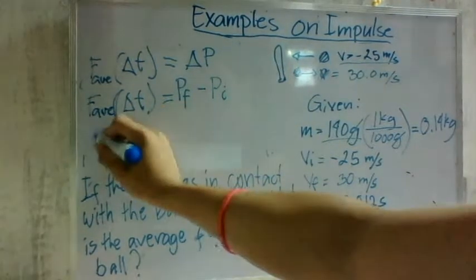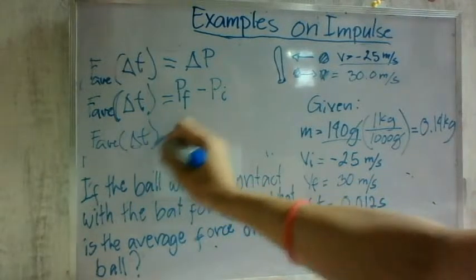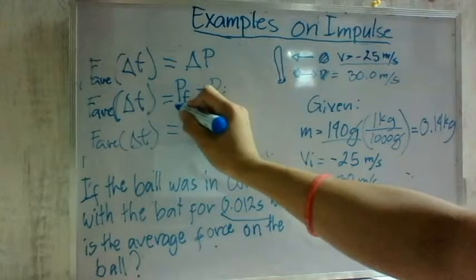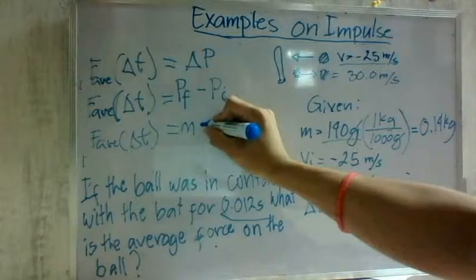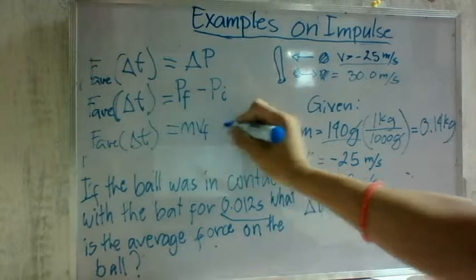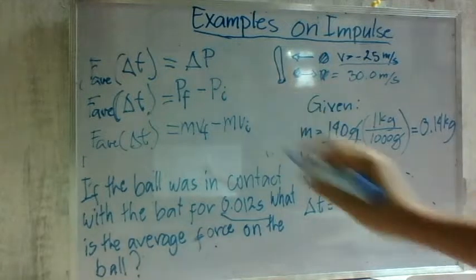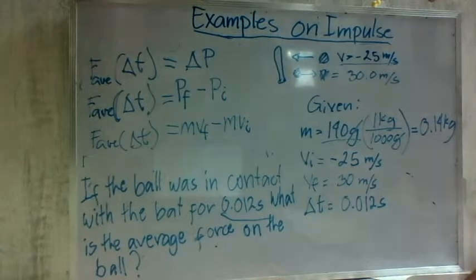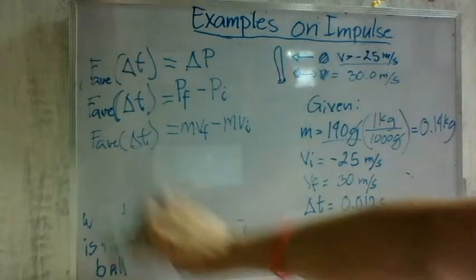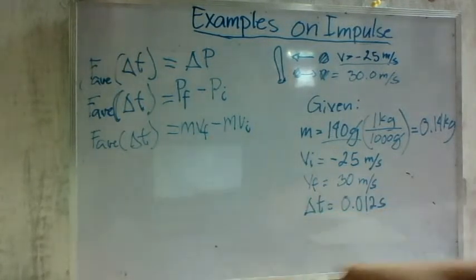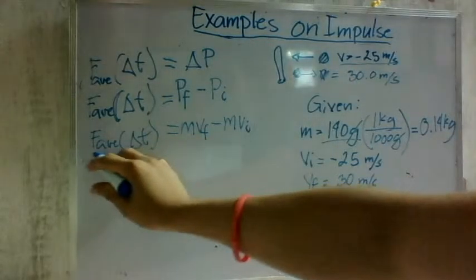So may force average times change in time is equal to momentum final nga equal to mass times velocity final minus mass times velocity initial. So ang ginapangita sa atong problem is ang force.